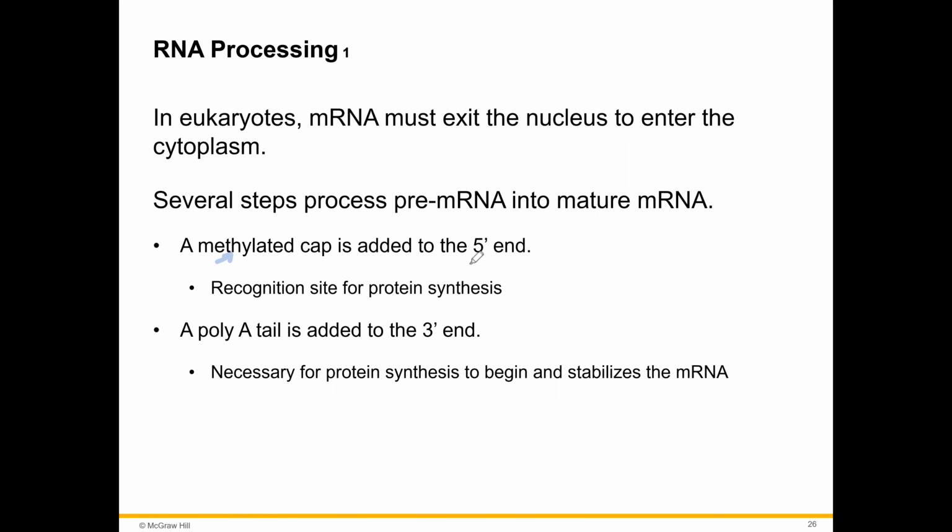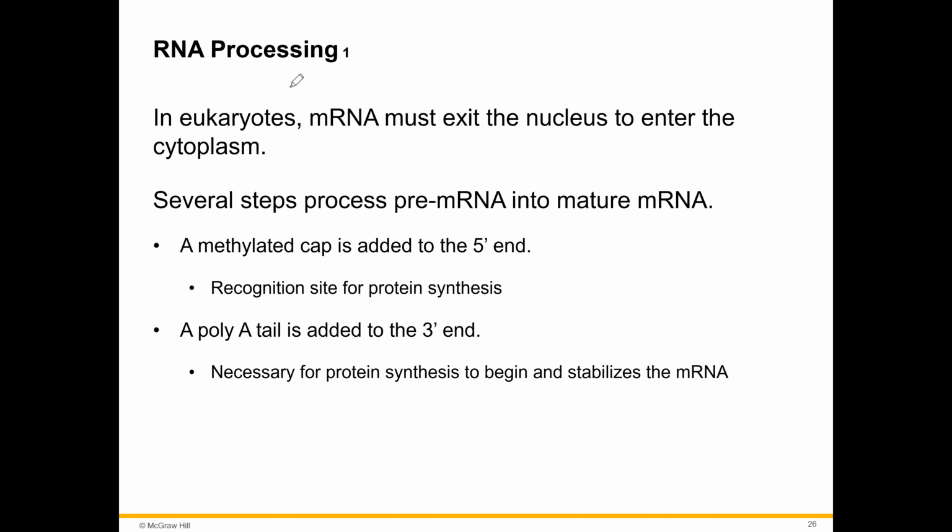It will be a sequence of nucleotides, and we need this cap as a recognition site for protein synthesis. And on the 3' end, we're going to add a poly A tail, necessary for protein synthesis to begin and to stabilize the messenger RNA.